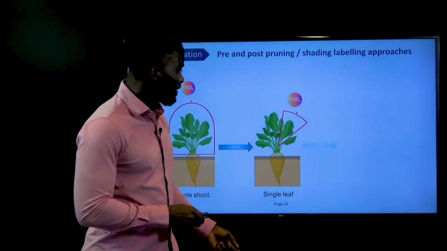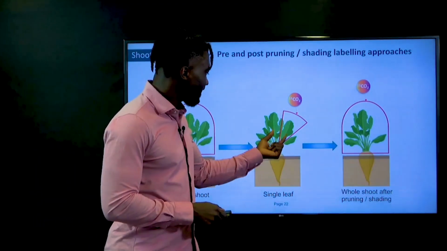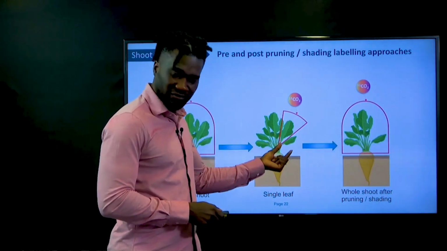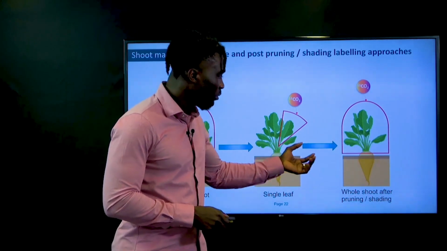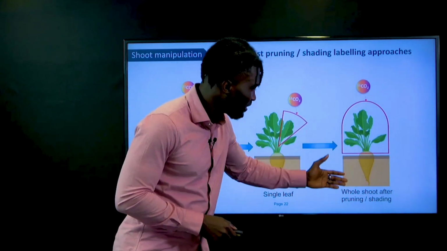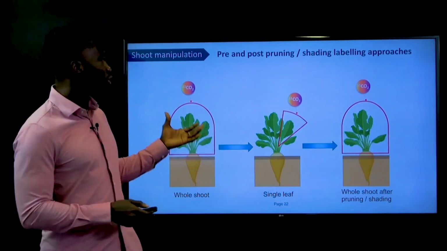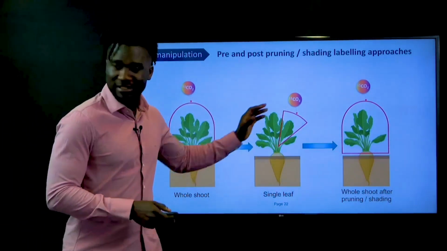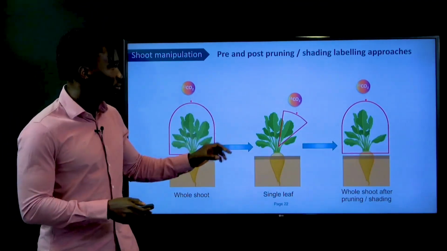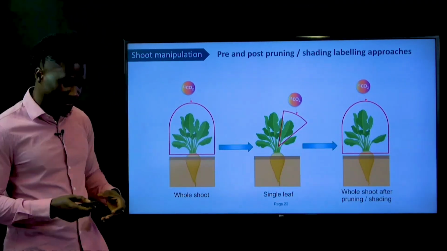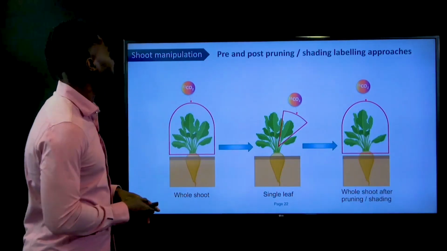And later on, we either excised or shaded the leaf that we previously labeled, performed a whole shoot labeling, and monitored the distribution pattern within the sugar beet. I want you to grasp these labeling approaches, as they will influence how the results are rendered.